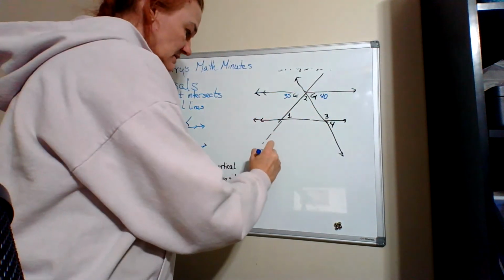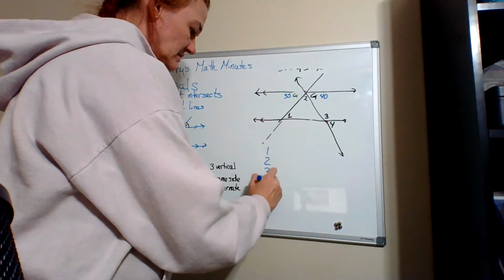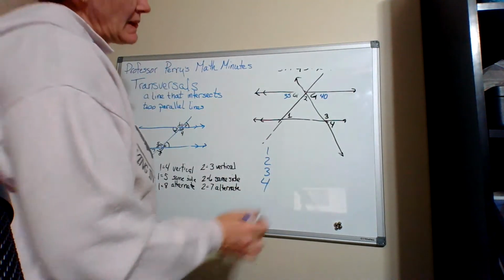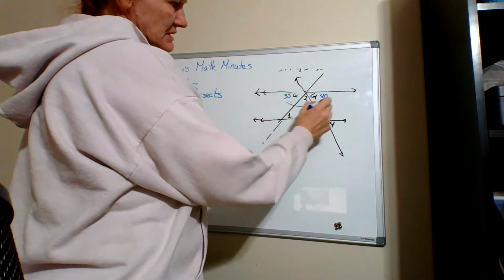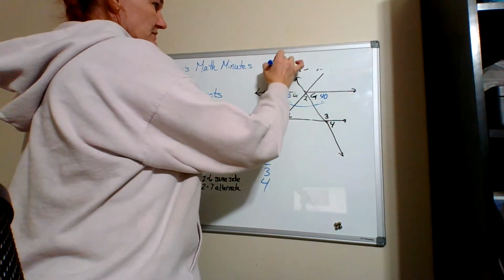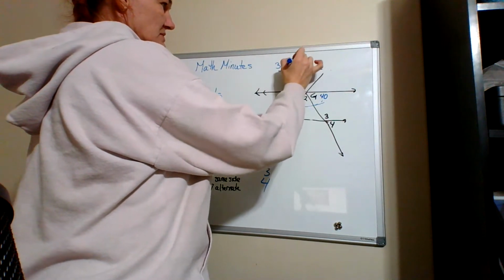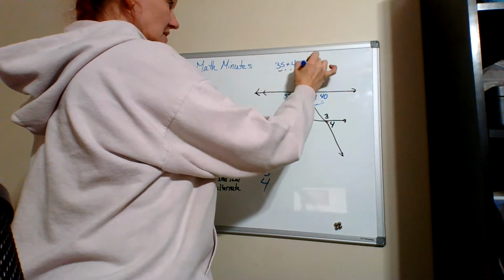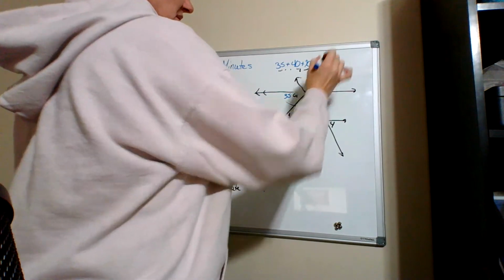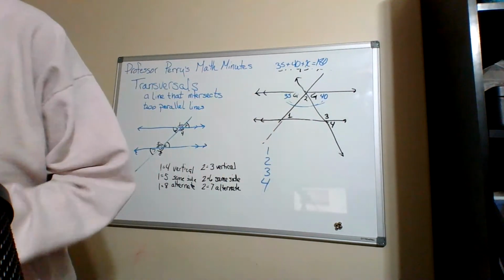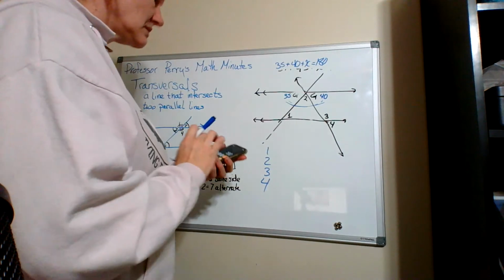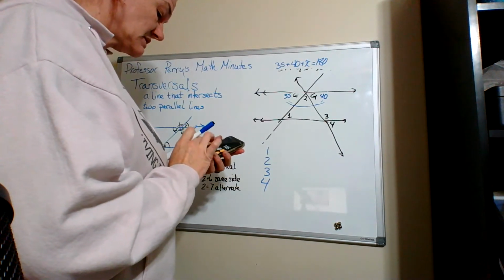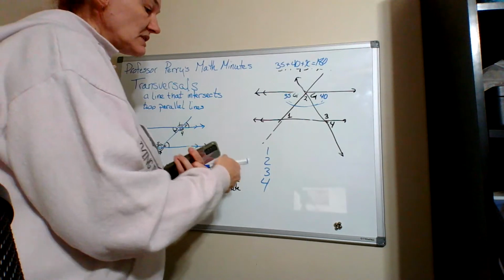And then it's going to say 1, 2, 3, 4. Okay, I know this is my supplementary, right? So I have 35 plus 40 plus whatever x is going to equal 180. So that's 105.